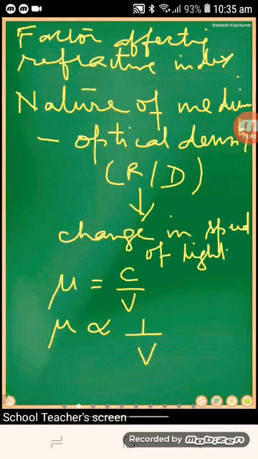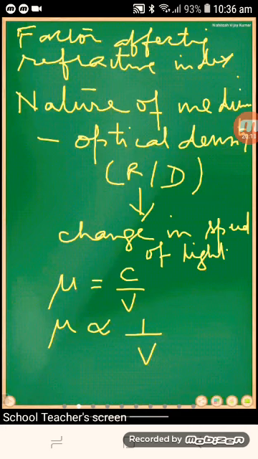In other words, if you allow the light to travel from a rarer medium to a denser medium, the speed of light decreases, so the refractive index is going to increase. That is, the refractive index of the second medium is going to be more.